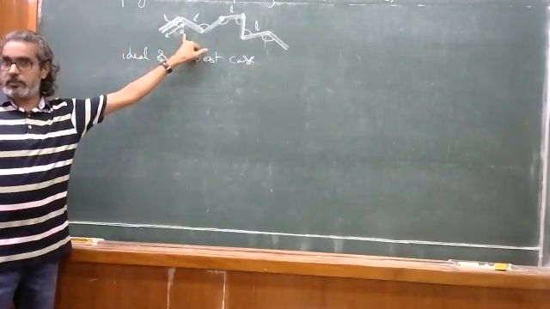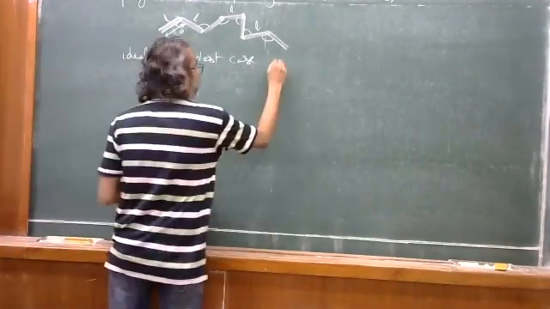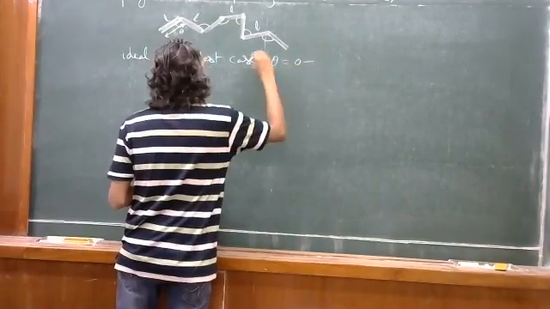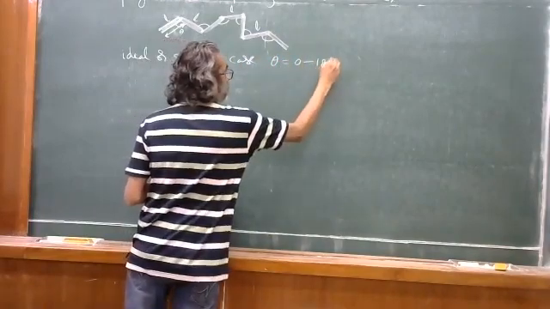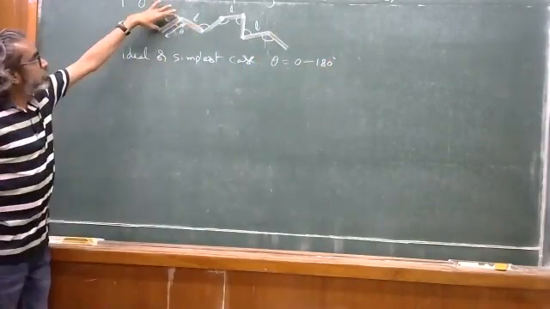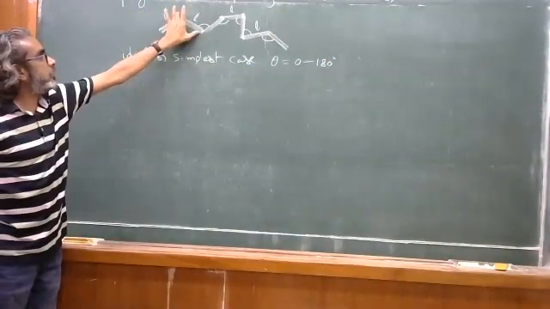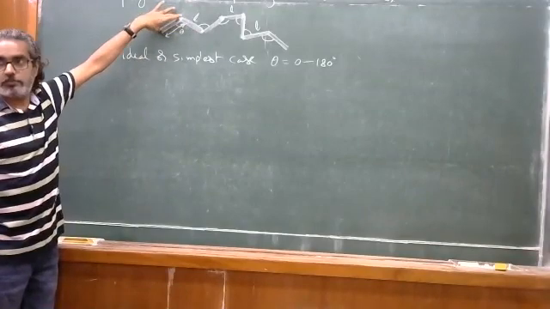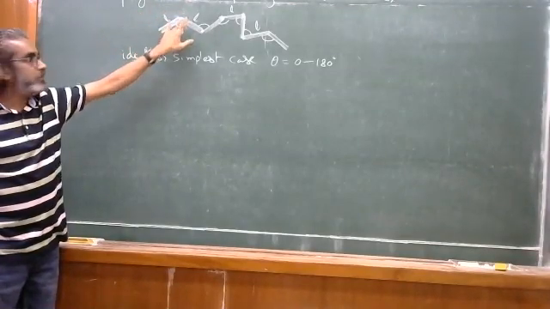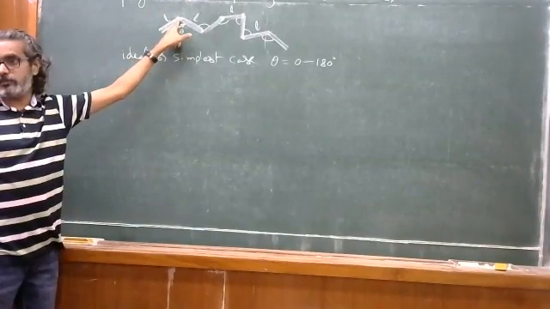No restriction means that theta can be anywhere from 0 to 180, so the next unit can be anywhere with respect to the first unit. The only connection between these two neighboring units is the joint.